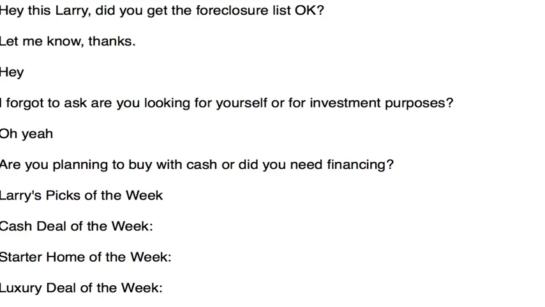And the reason for this, particularly in Larry's scenario, where we've heard that Larry has several different types of potential buyers in that database. If I was talking to someone using the same hook, you maybe wouldn't need all three of these deals. If you were just doing luxury deals, you could just do the luxury deal of the week.